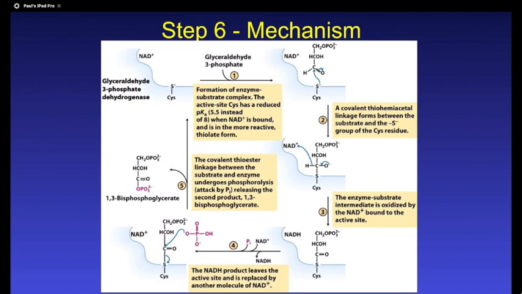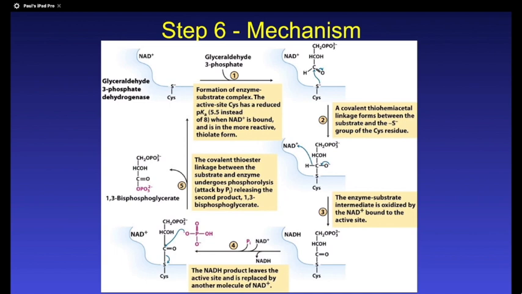Are they negative? Are they positive at pH of 7? Are they aliphatic? Are they big? Are they small? Are they aromatic? Okay? Because a lot of things that happen you justify based upon the R group of amino acids. So the cysteine has an SH as part of its R group.